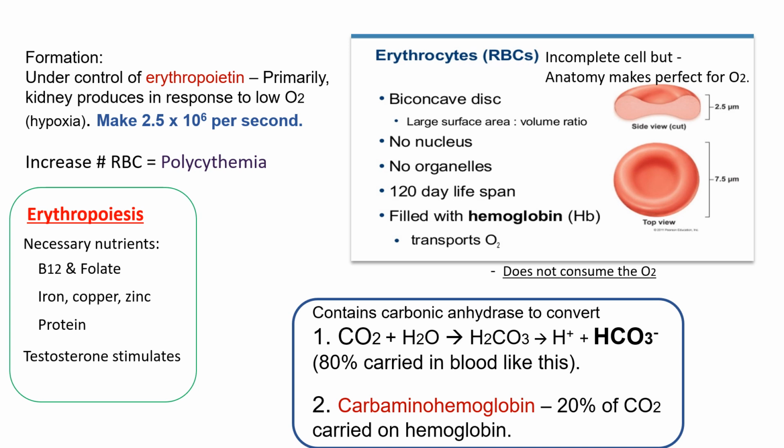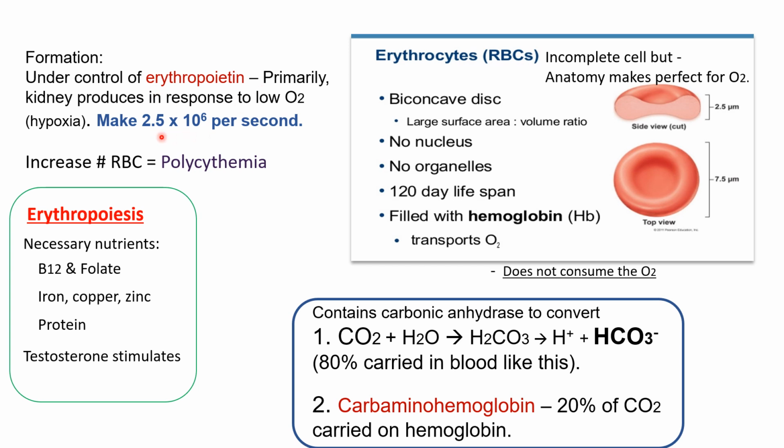Well, if those pluripotent stem cells and those precursors see a hormone known as erythropoietin, primarily made by the kidney, if the kidney is sensing low blood oxygen, it begins secreting this hormone, erythropoietin. And the erythropoietin will induce those precursor cells to form red blood cells.